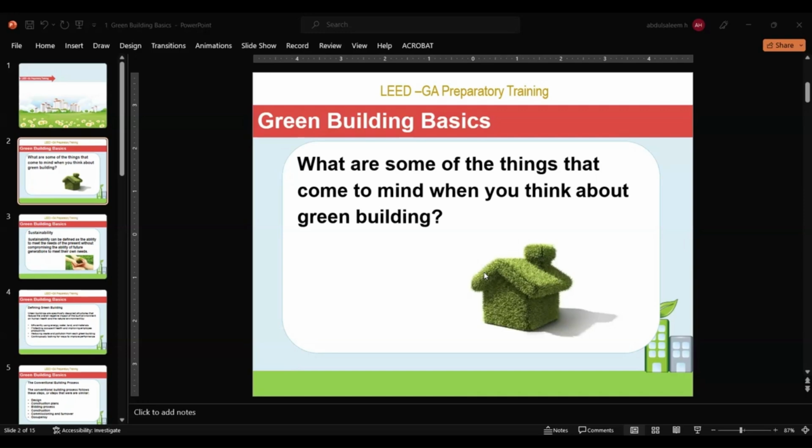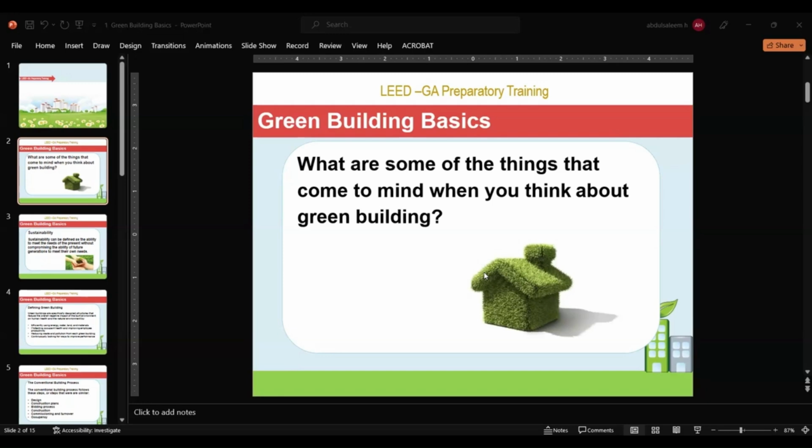Then after that, when you are operating the building, in operation and maintenance, you are practicing in a sustainable way, like operating the building using renewable energy, like solar energy, wind turbines, or recycled energy like biogas and biomass. A lot of things are there.